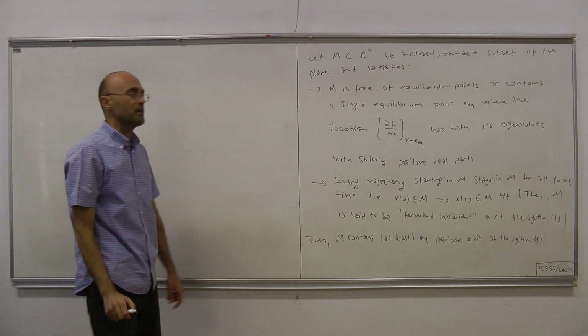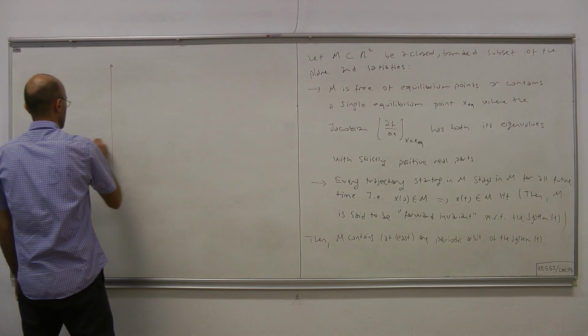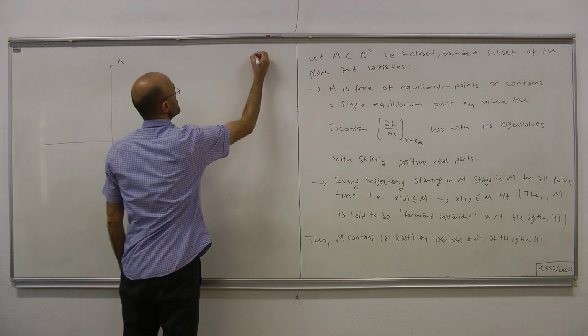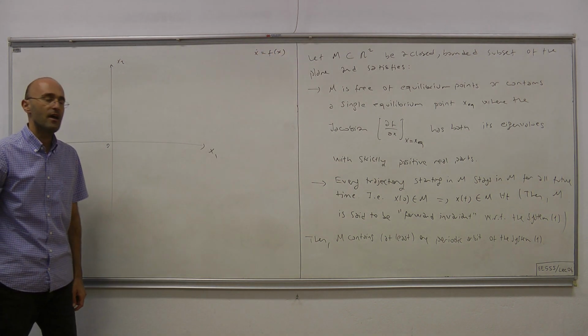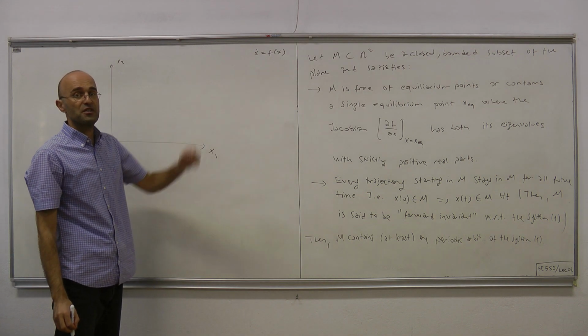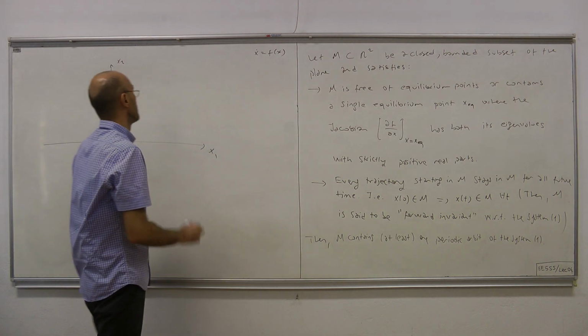It says the following: suppose that this is our phase plane, x1, x2. This system is x dot equals f of x. Now, suppose that for this system you have some candidate subset of R2.